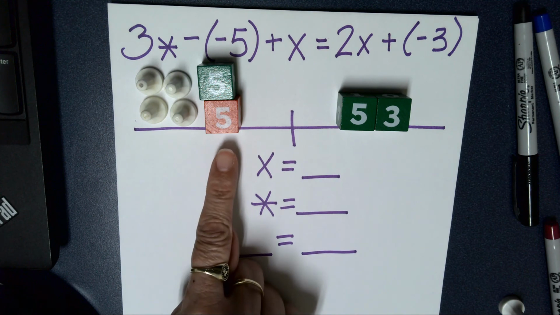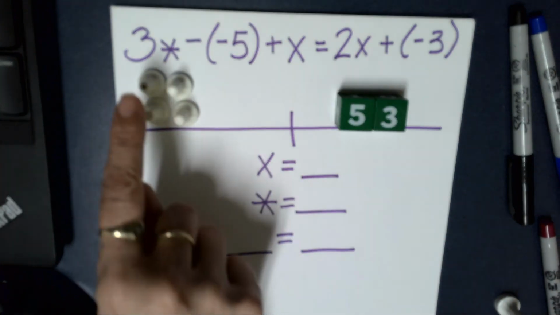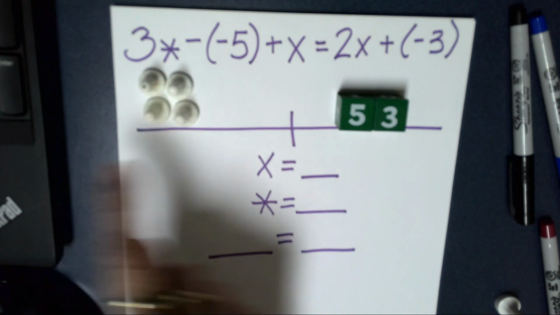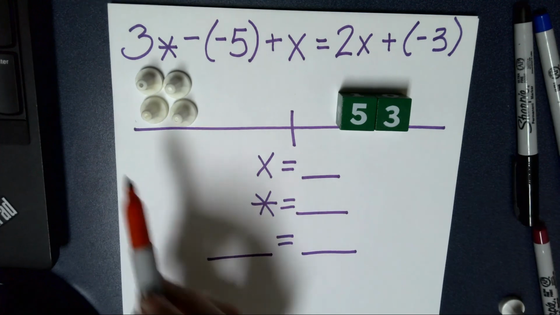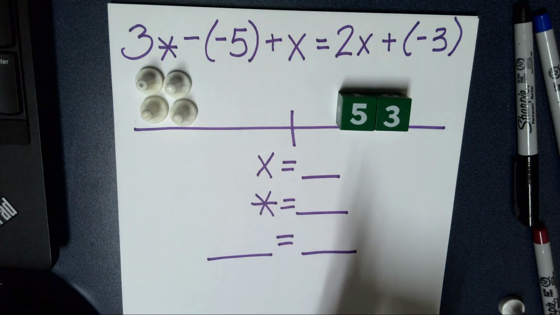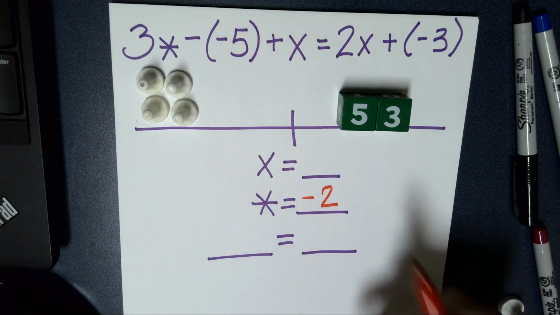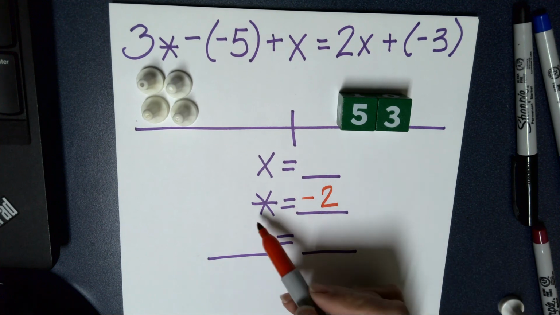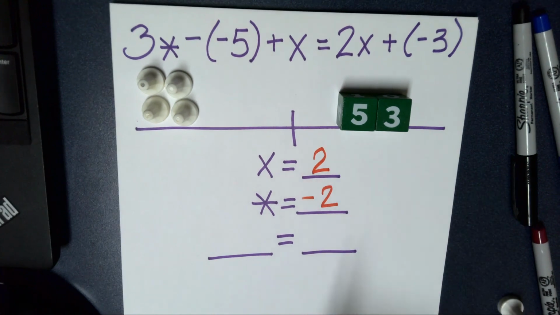Now we have a 0 pair of 5s, so we're going to remove them. And we have 1, 2, 3, 4 stars is equal to -8. Always watch your signs there. So 4 stars is -8, so 1 star would be -2. If star is -2, x is going to be +2.